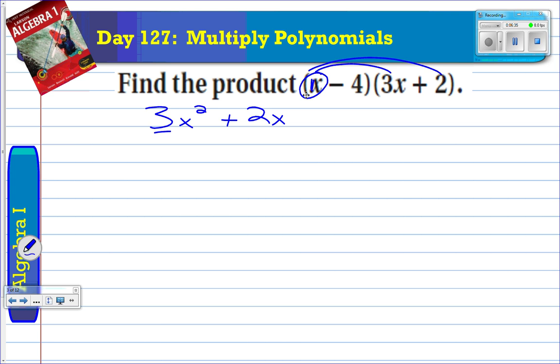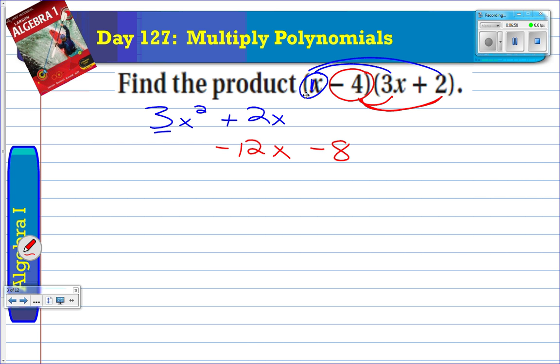It's not rocket science there. Now I distribute this across both terms in the other expression. So I have negative 4 times 3x. Multiply the coefficients, negative 12x. I'm going to write it down here, and I'll explain why in just a second. Then negative 4 times 2, I have to distribute across the 2 also, is a negative 8.